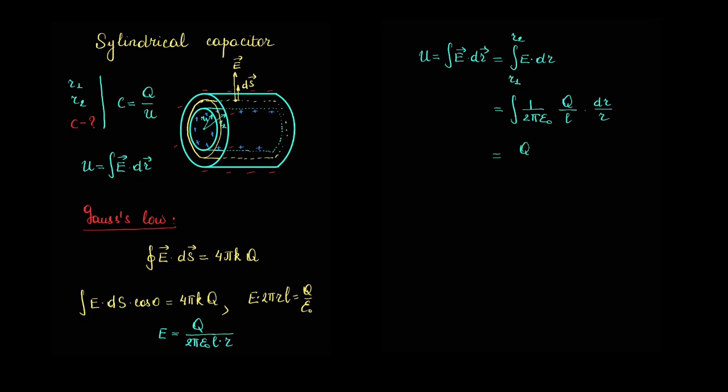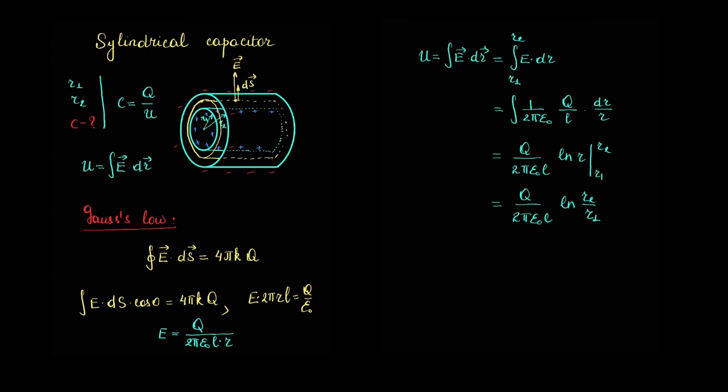So it is Q divided by 2 pi epsilon 0 L ln r, evaluated from R1 to R2. Then if you put in R1 and R2, you get ln R2 minus ln R1, which is just ln of R2 divided by R1.